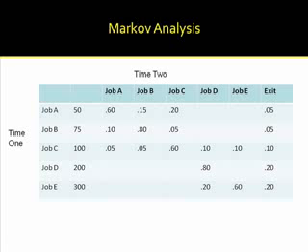This indicates that there is a 60% probability that an individual that is in job A at time 1 will remain in job A at time 2. As we move across the table to the right, we find a 0.15. This indicates a 15% probability that an individual in job A at time 1 will be in job B at time 2.